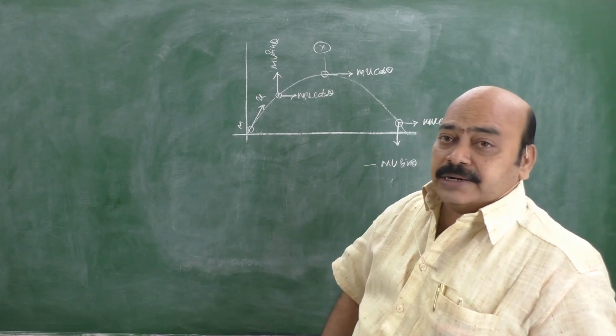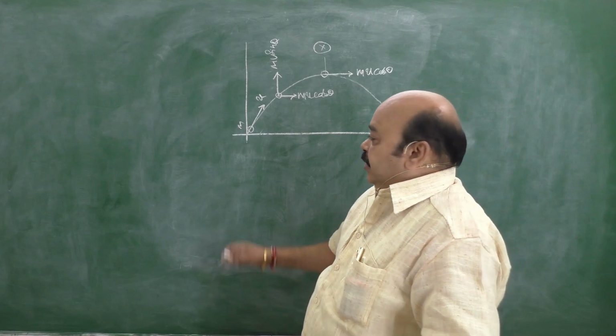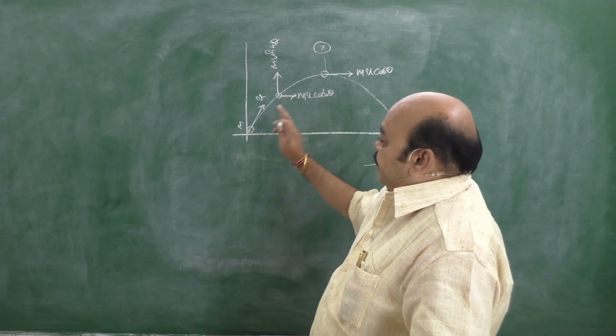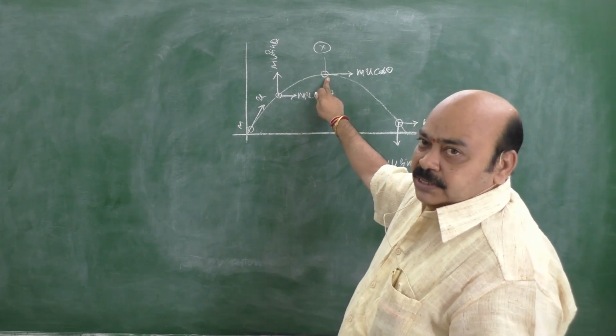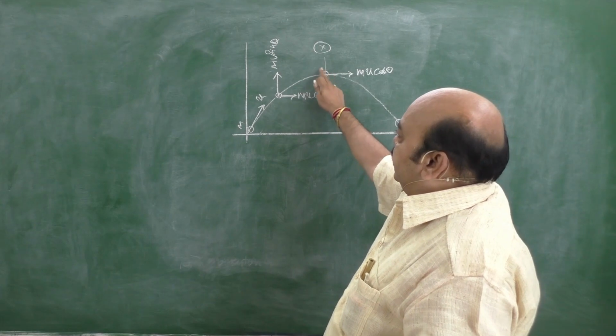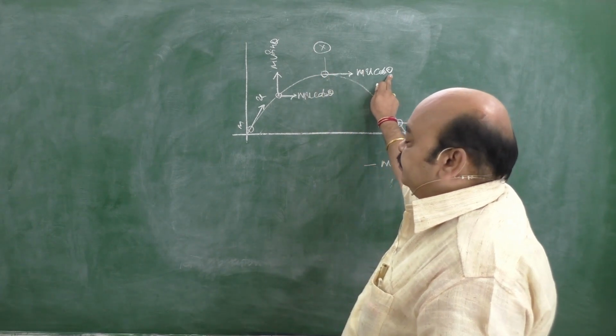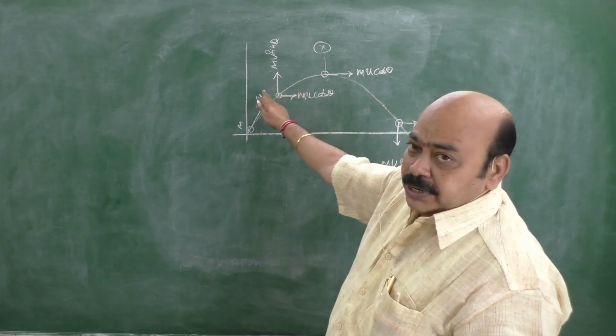So how do we calculate the change in momentum in three different cases? For example, if the question is the change in momentum at the highest point, what is the total momentum here? Mu cos theta. This is final. What is the vertical component?